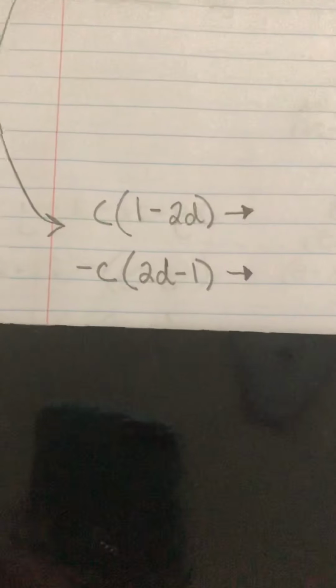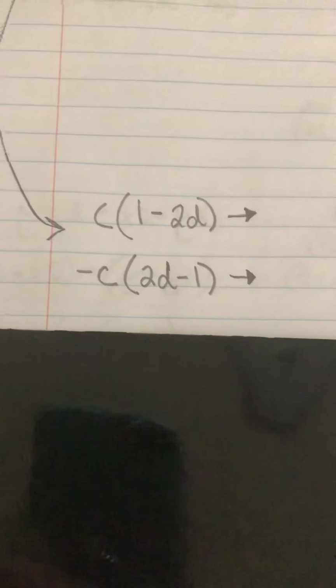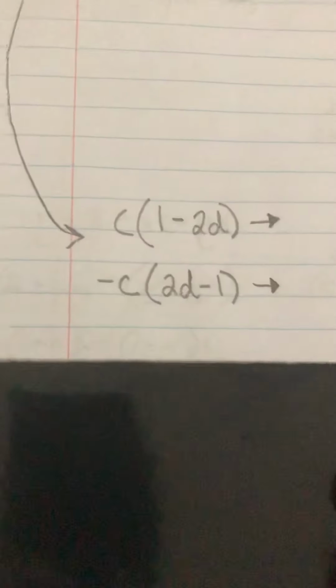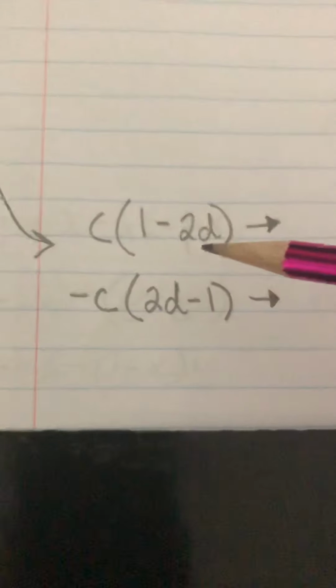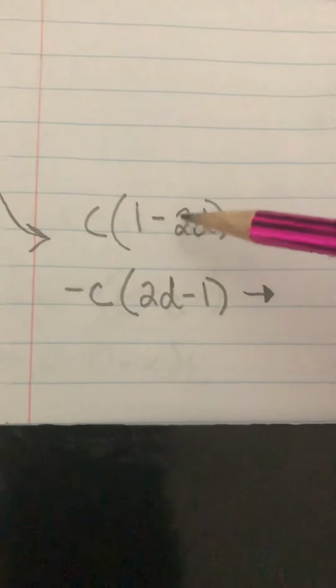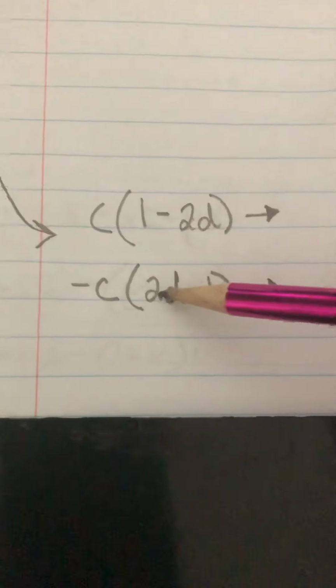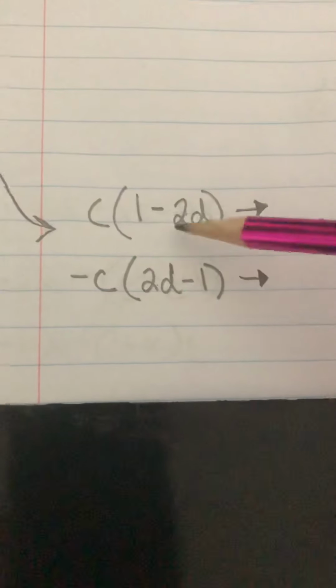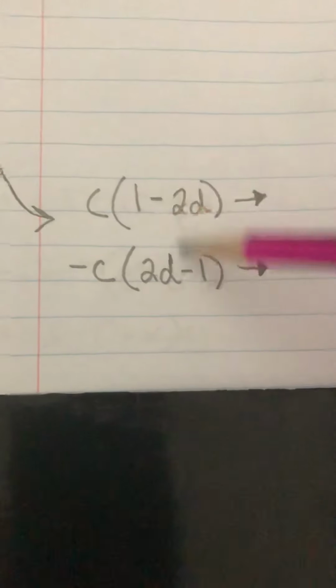So down here, check this out. I want you to realize that these are the same thing. Look and see if you can tell what I did. So in order for this negative 2D to become a positive 2D, and for this 1 to become a negative 1, so they switch signs, right? Both of them switch signs.